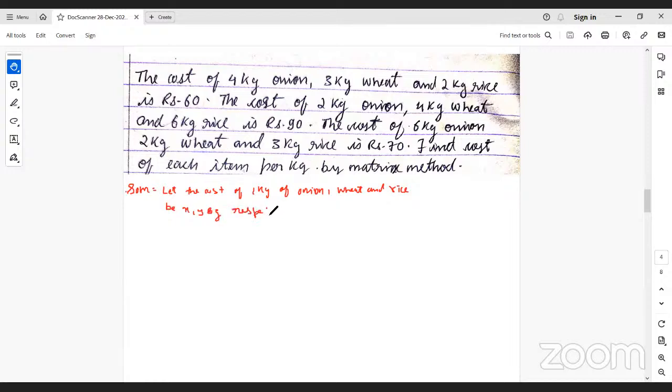So we will be considering the cost of 1 kg of each of these as x, y, and z. When we read the first part of the sentence, the sum of all these quantities is equal to 60.